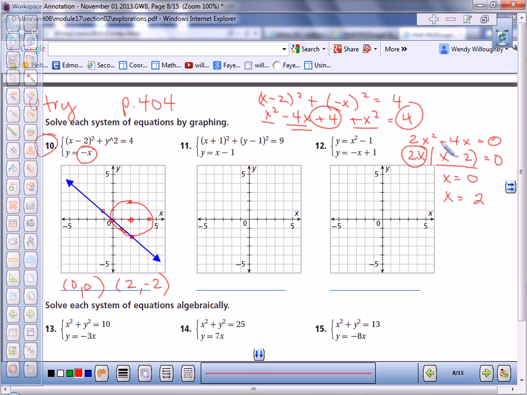All right, you try number 11. I already did that. Just do it graphically, and then we'll do some algebraically. Yeah, I don't like algebra. That's hard, things are not fun. If you're going to do it graphically, you just sketch it and look at where it crosses.